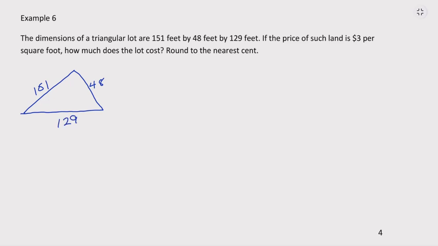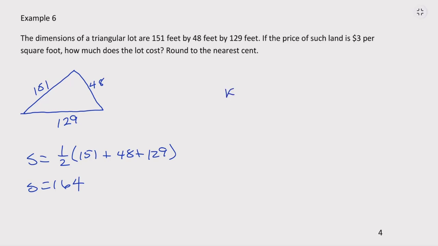And for the area, that's Heron's formula. So we need to find S. So it's going to be 1/2 times 151 plus 48 plus 129. So S is 164.